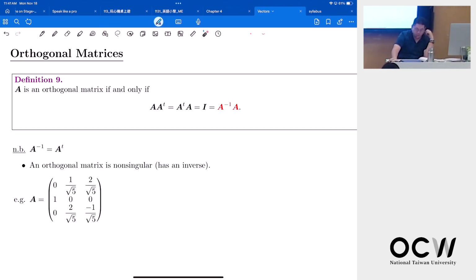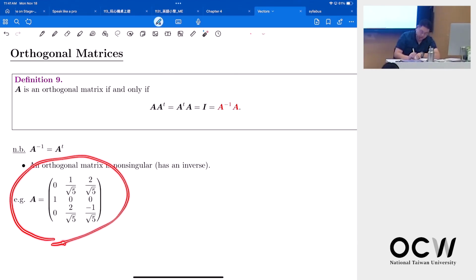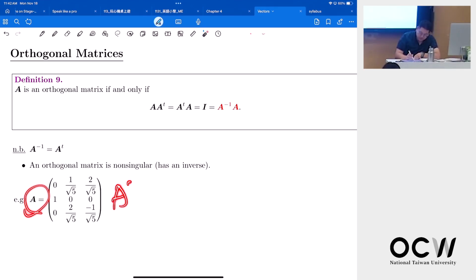All right. So if I want to find the inverse matrix of A, you don't need to be in a hurry to solve for the inverse using some method. You can observe: if your matrix times its transpose is an identity matrix, then we know it is an orthogonal matrix, and we also know that the transpose will be your inverse.